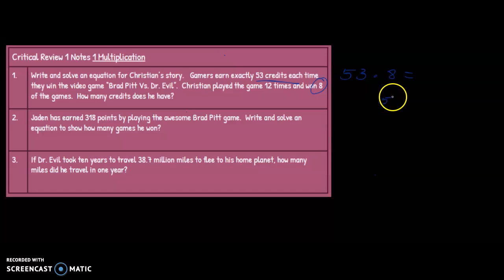So 53 times 8. 8 times 3 is 24, so I'm going to carry the 2 and bring my 4 down, and then multiply 8 times 5, that's 40, plus the 2 that I carried, and that's 42. So my equation is 53 times 8, and my solution is 424.